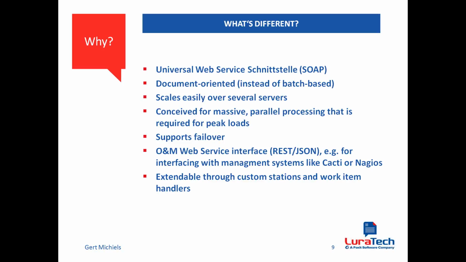If you have 8 CPU cores in a computer, the PDF Compressor can process 8 documents in parallel. This one can process in parallel on as many servers as you want, using all the CPU cores in there. So it is made for massive parallel processing, handling peak loads perfectly.